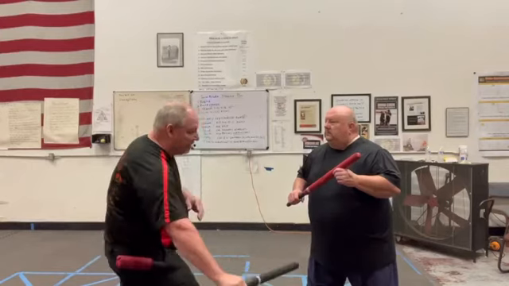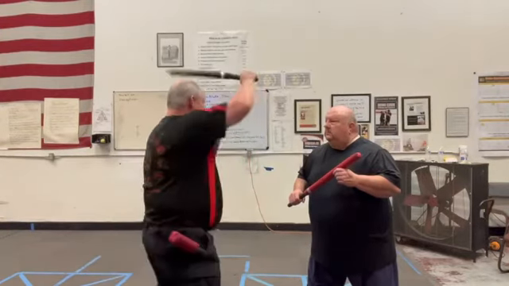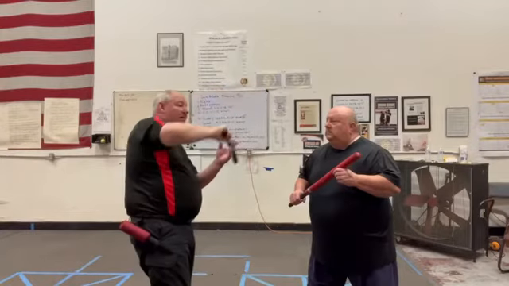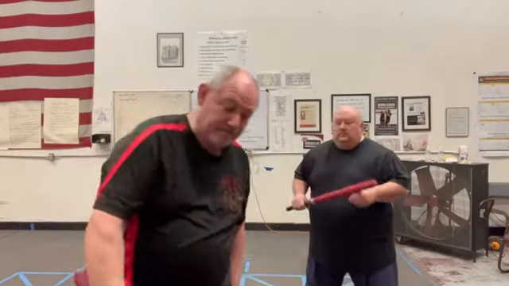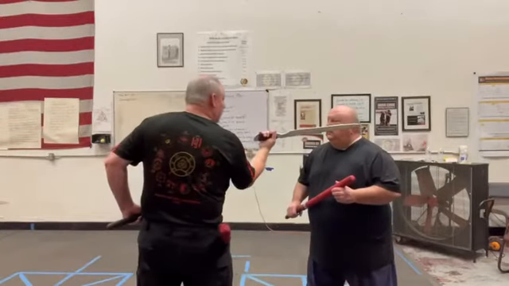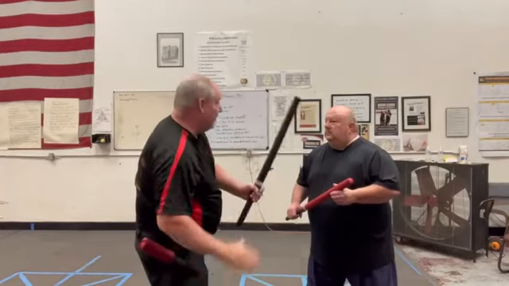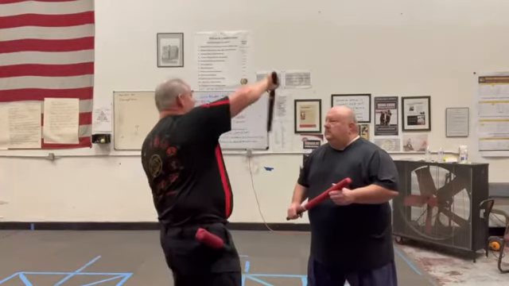From that strike, I flip the stick to a 13, and then I flip it back to a 14. That would be the flat edge of a blade. Okay, so that's the flat edge of the blade. 13, 14, okay? 15, I bring straight down.